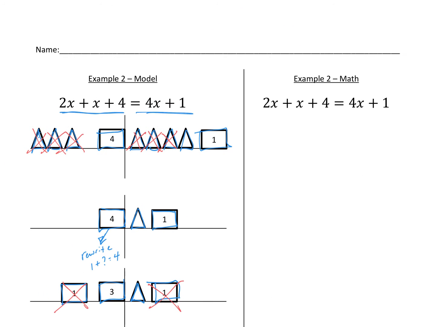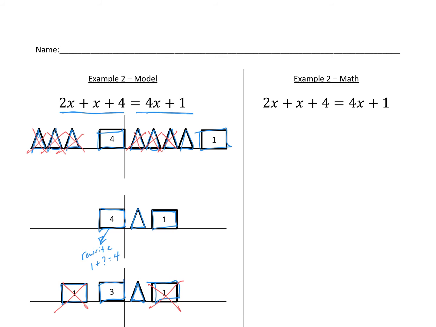So this time we had 2x plus x plus 4 is equal to 4x plus 1. The first thing I noticed is that we had to eliminate 3x from both sides. But if you look, we have a 2x and an x, so we don't really have technically the number 3 there to eliminate.